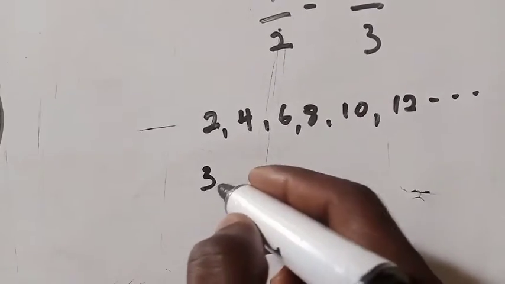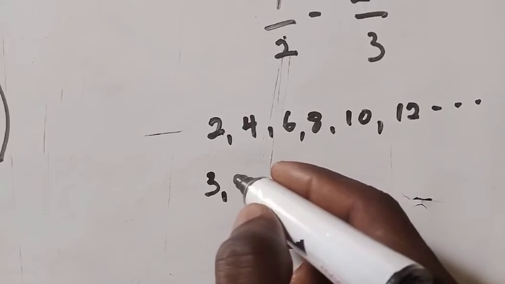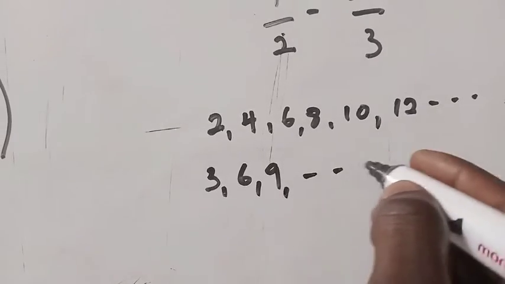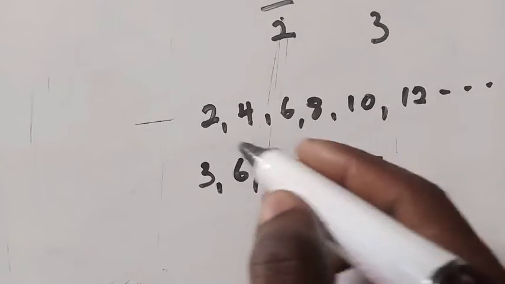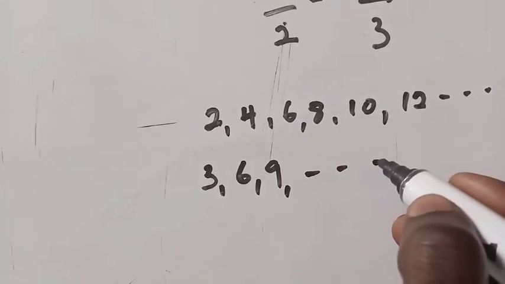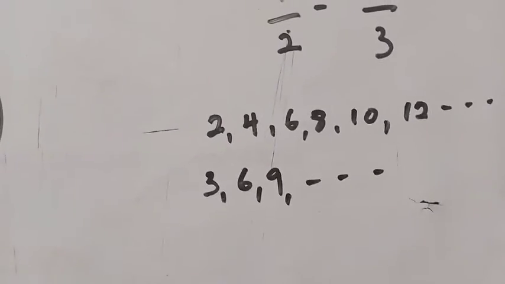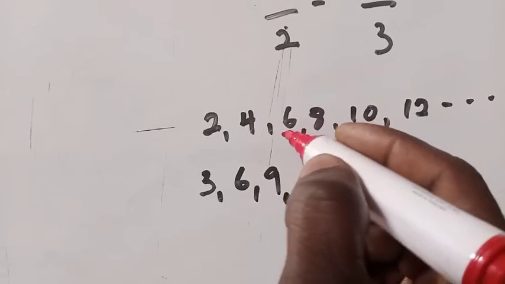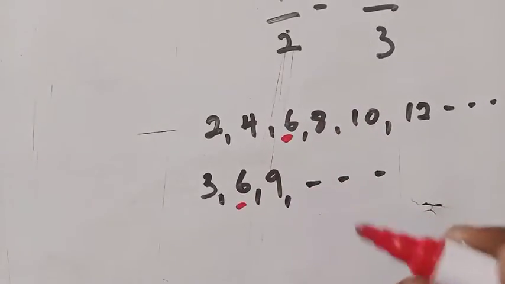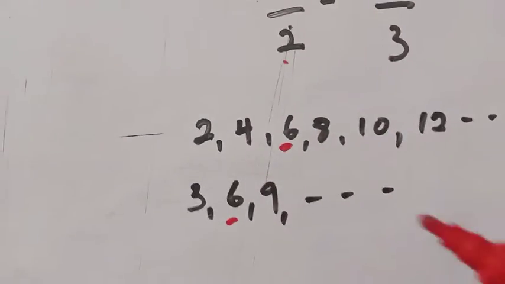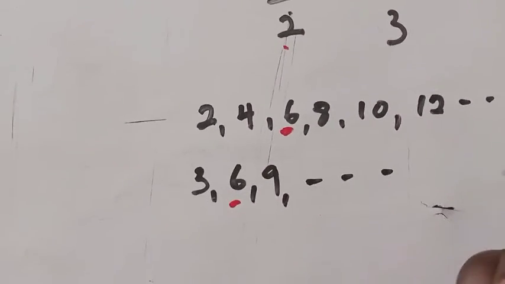You have 3, then 6, and then 9, and so on, right? The key here is that the smallest among these is what we are looking for. What do these two have in common? Here I can see 6, and I can see another 6 here, right? Those are the smallest among the multiples of these two. That is what we are calling the least common multiple.